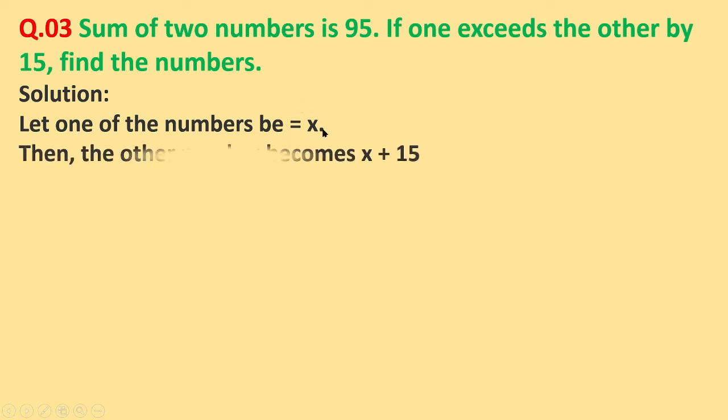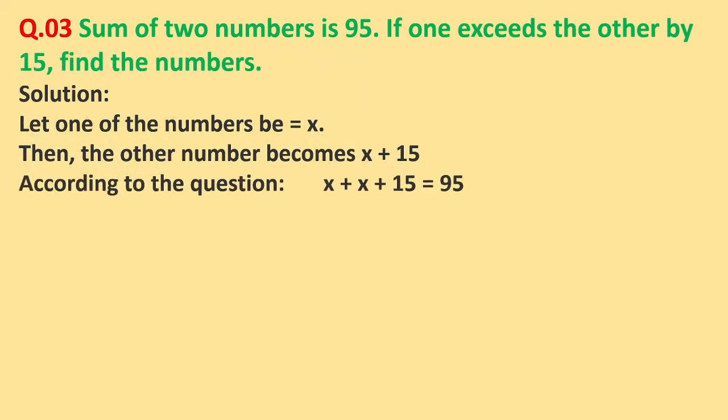Now one more condition is given in the question, that the sum of two numbers is 95. That means when we add x with x plus 15, we will get 95. So according to the question, we can say x plus x plus 15 is equal to 95.